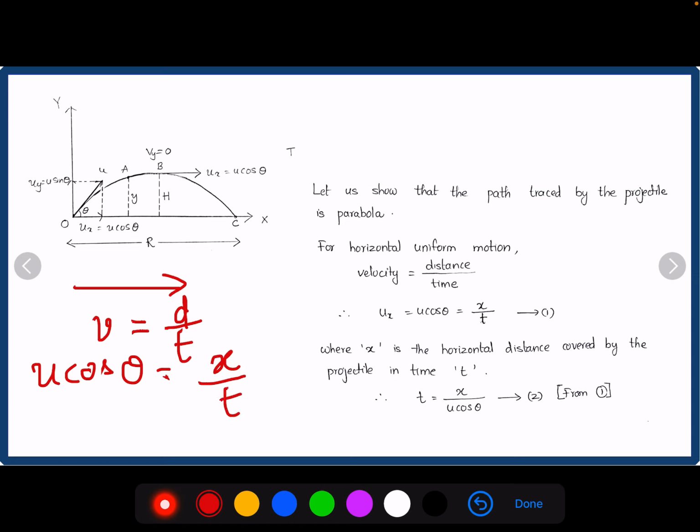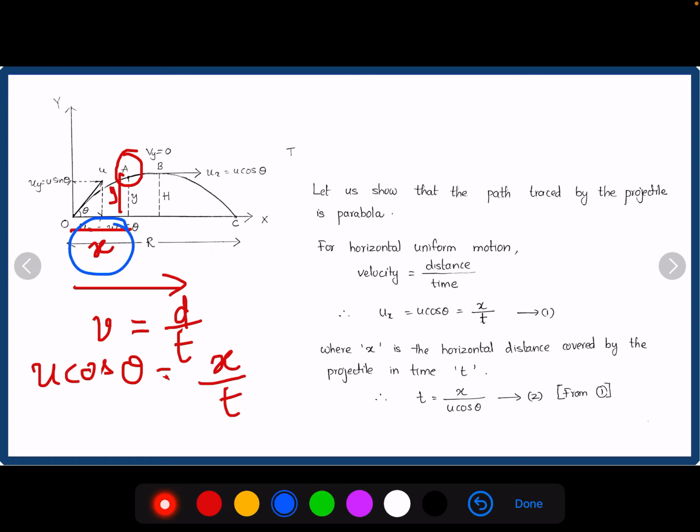In time t, let us assume the projectile has reached this point A. At that point, the vertical displacement is y and the horizontal displacement is x.